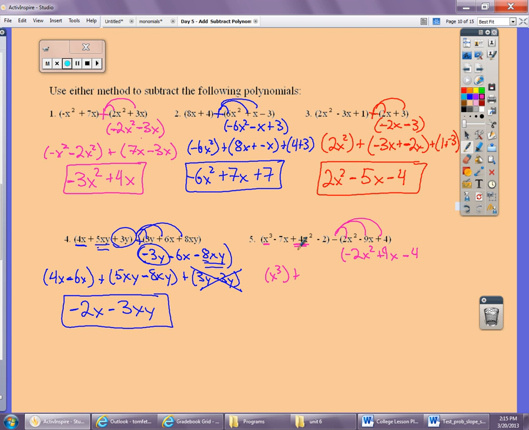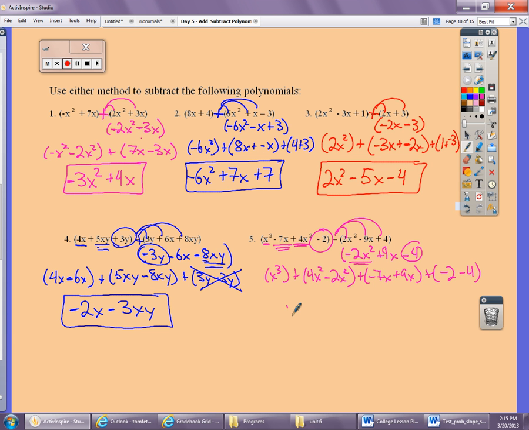Now x squared, so I have 4x squared and negative 2x squared. I have a negative 7x and a positive 9x. And then we have a negative 2 and a negative 3. So we just simplify these like terms.